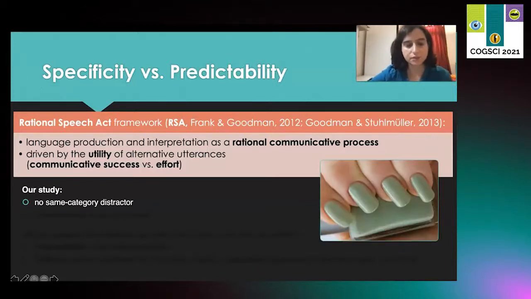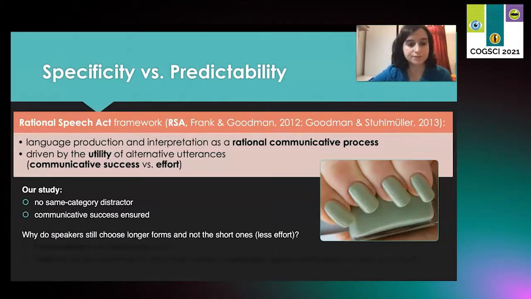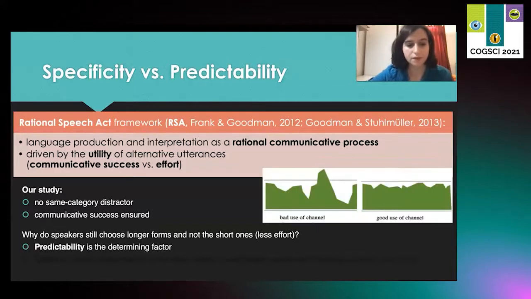In our study, we tried to avoid that a same category distractor would be available. Therefore, we can argue that communicative success was ensured. Then why did speakers still choose longer forms and not the short ones, which would have required less effort? We could argue here that predictability is the determining factor, and the choice is driven by the tendency to optimally use the channel.